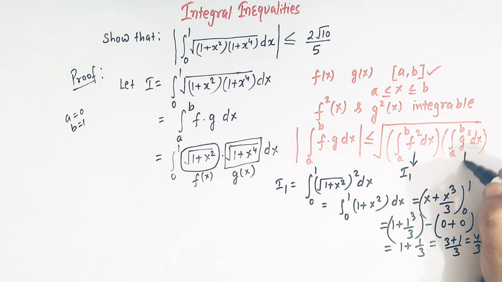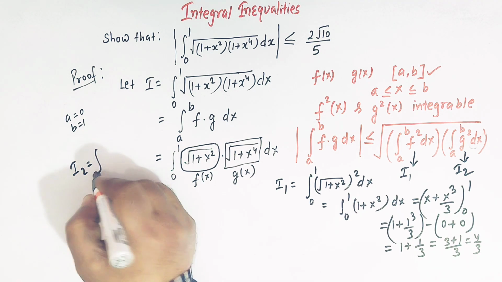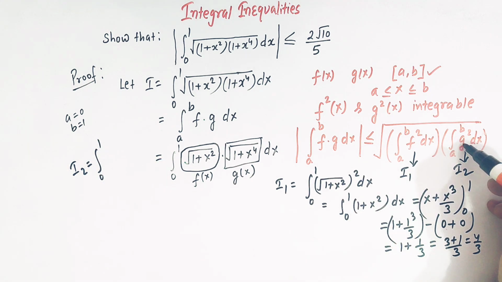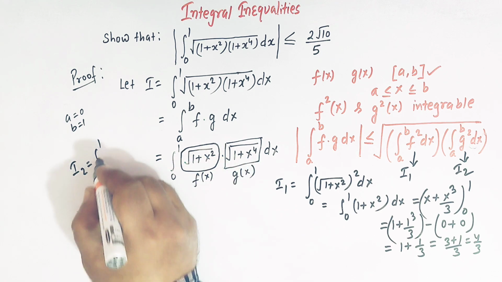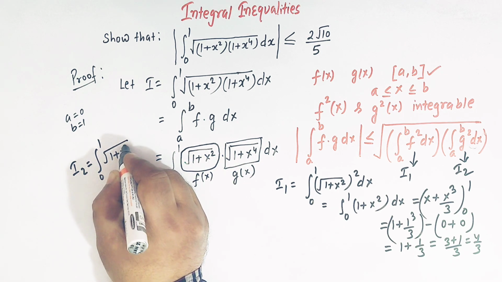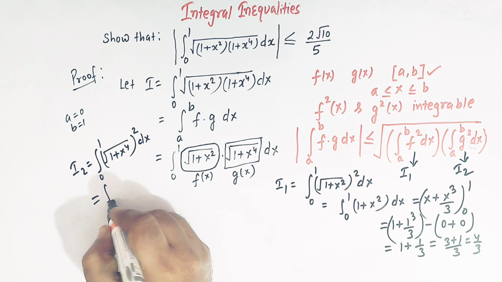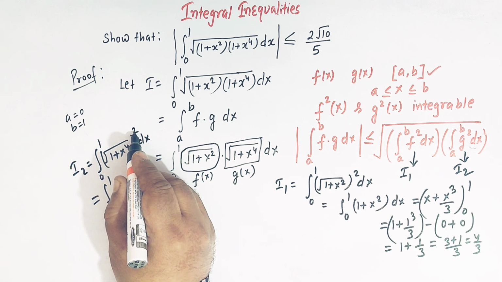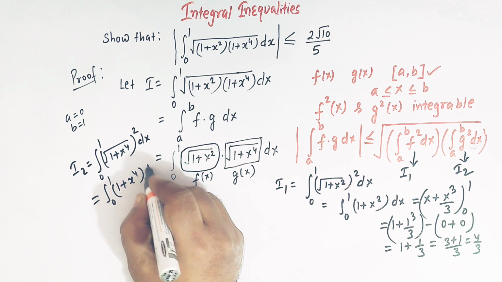Now let us take I2 as the integral a to b of g square, with a as 0 and b as 1. Here g of x is the square root of 1 plus x raised to 4. The square root gets cancelled with the square, so we have the integral from 0 to 1 of 1 plus x raised to 4 dx.